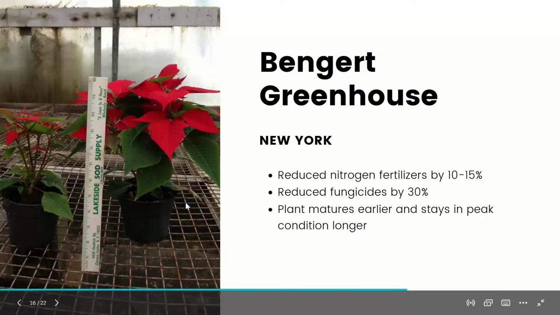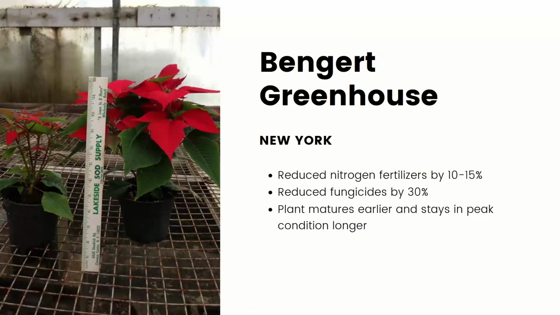Benert Greenhouse in New York reduced their nitrogen fertilizers by 10 to 15% and reduced their fungicides by 30%. And I think the key in this is, if you're in a greenhouse situation, if you're a grower, obviously the faster you can get that plant to maturity, the faster you can get an ROI.